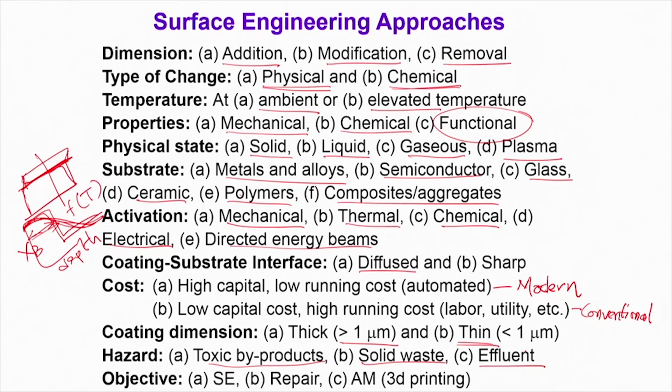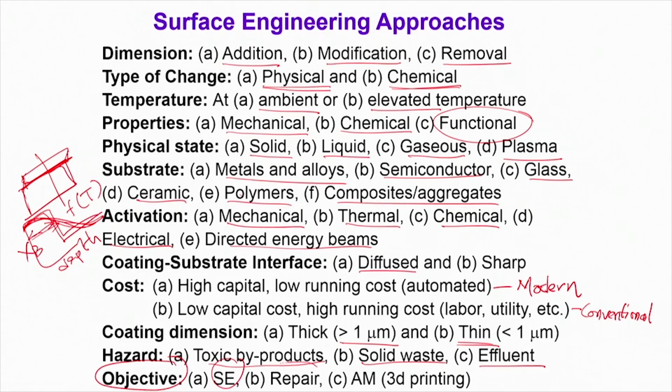So the overall objective of surface engineering, and the overall scope, I would say, is that all these techniques, starting all the way from simple hot dip coating to very sophisticated ion implantation, basically could be used for various surface engineering applications.